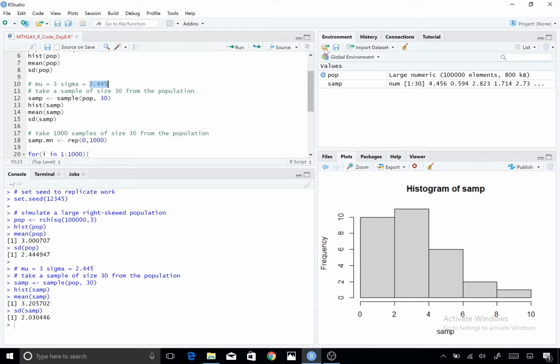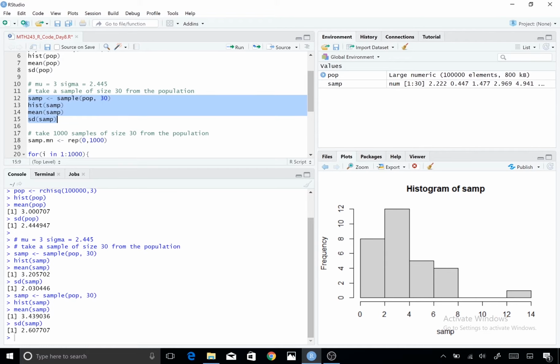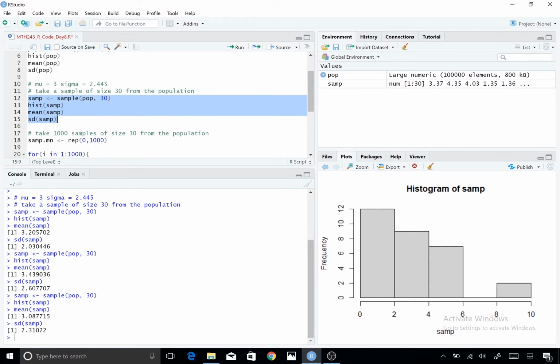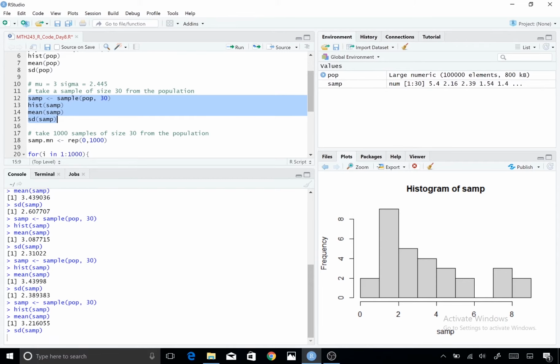If we randomly select 30 items from this population, how well can we expect the sample to describe the population in general? I'm going to highlight this code and run it a few times and see what we get. So that's not bad. That's pretty close. Again.